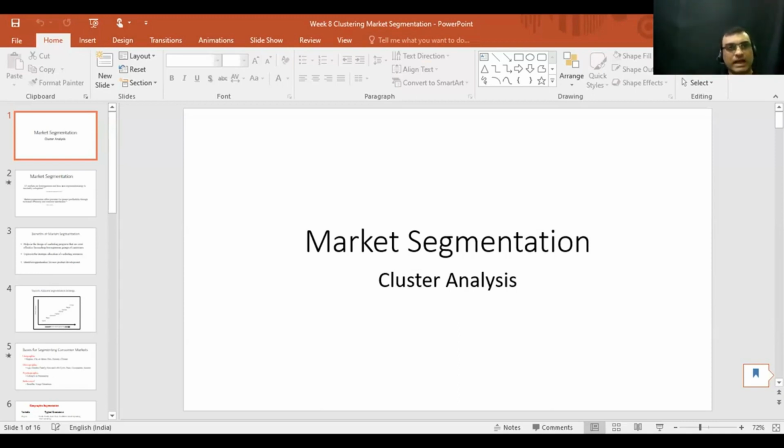So homogeneity is the main thing because of which we will be able to cater to all the market by a limited number of strategies.